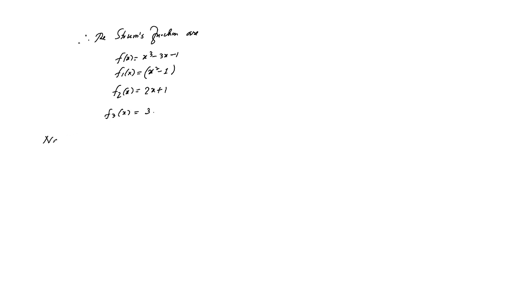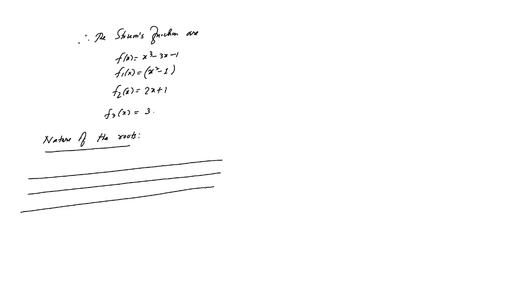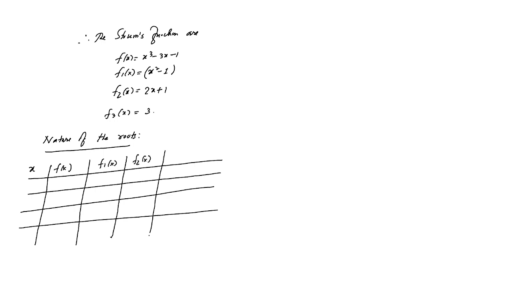Now we find the nature of the roots, which we also did in the previous problem. We put x, f(x), f1(x), f2(x), f3(x), and write the changes of sign.